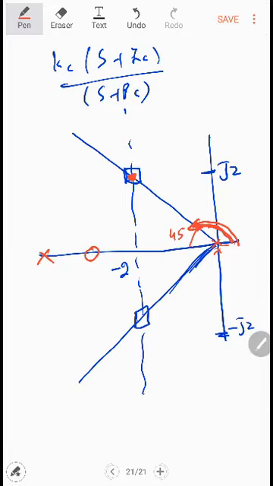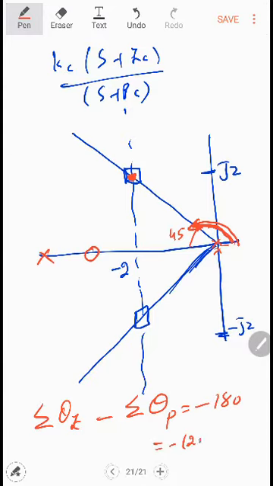This comes from the relationship: the summation of the angles of the zeros minus the summation of the angles of the poles will be equal to minus 180, or an odd multiple of this.